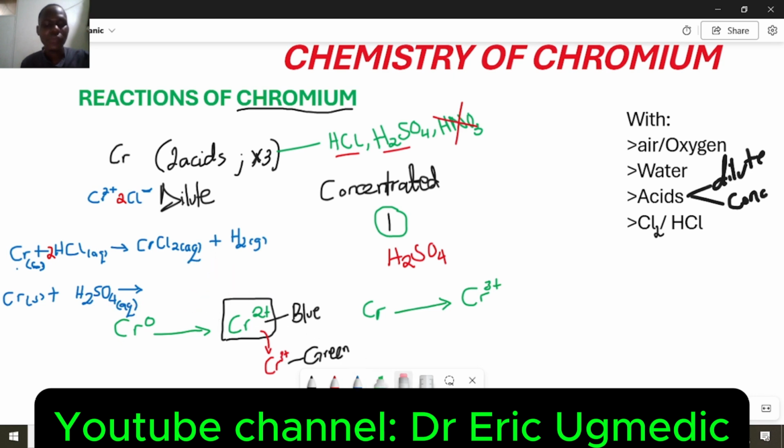This will give me chromium in the +2. How am I going to write this? I'll also show you because it's the first time we are writing it. I have my chromium here, which is going to be in the +2 because this is a dilute acid, and then the sulfate, which is written like that.